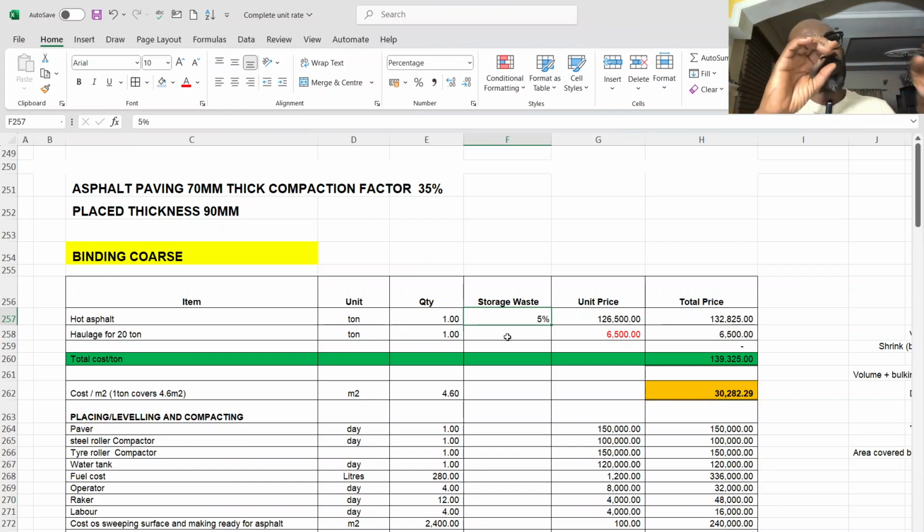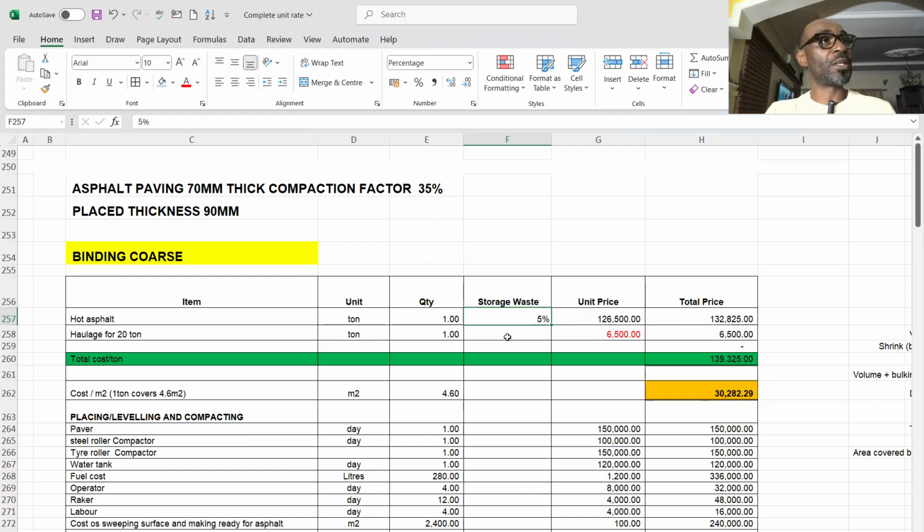You must have some undulations where maybe some portion is 0.5 mm deeper, some is 5 mm higher, some is 1 cm deeper. So those areas that the asphalt is going to fill up to give you the smooth top level, that waste has to be captured.